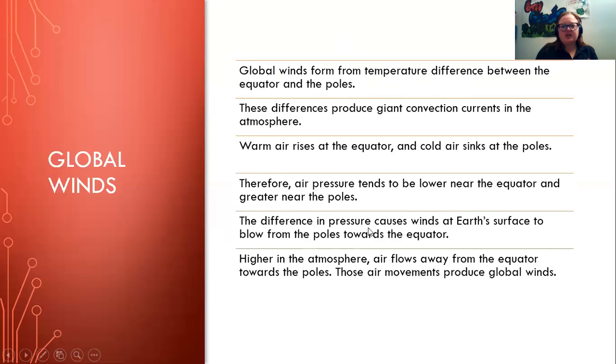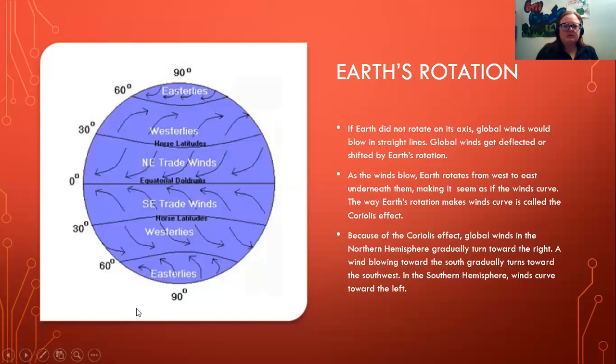The difference in pressure causes the winds at Earth's surface to blow from the poles towards the equator. Higher in the atmosphere, air blows from the equator towards the poles. Those air movements produce global winds. This is what I was talking about with Googling Coriolis effect.